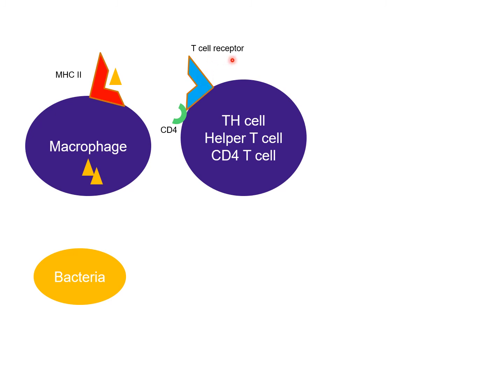Now, what happens is this whole complex that you are seeing right there is actually going to interact and fit together with the MHC receptor that's presenting that piece of antigen on its surface. So they will come together and they will fit together perfectly. Once that helper T cell fits perfectly with that MHC2, the helper T cell gets activated.